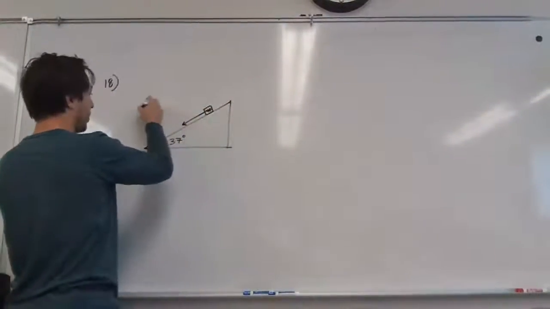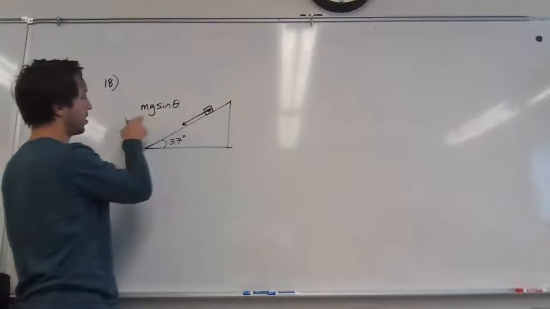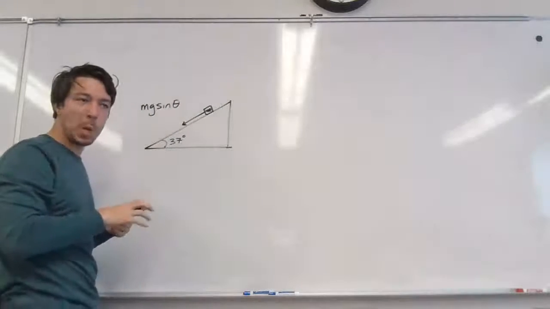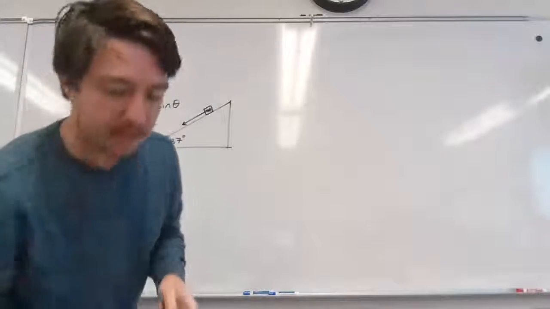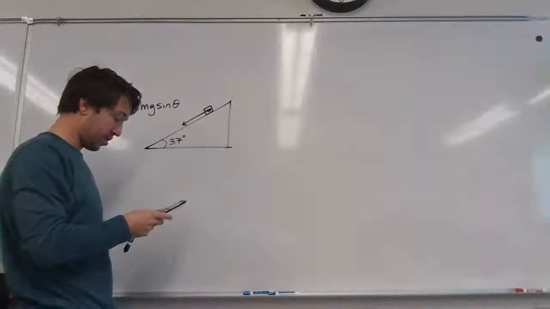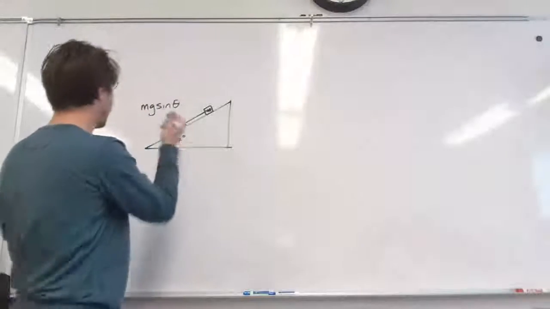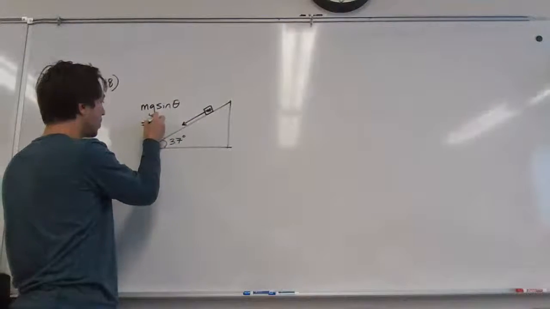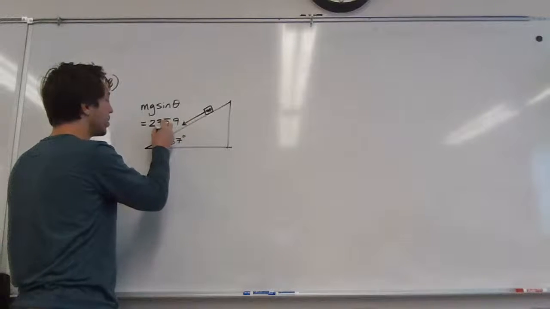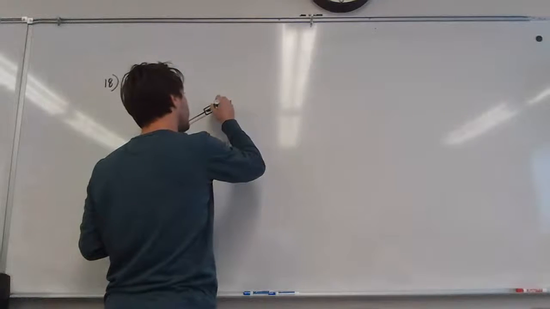Take a calculator: 40 times 9.8 times sine of 37 is about 235.9 newtons. Okay. How much friction force would there be?